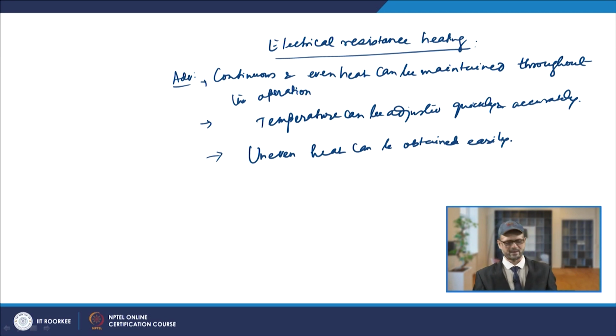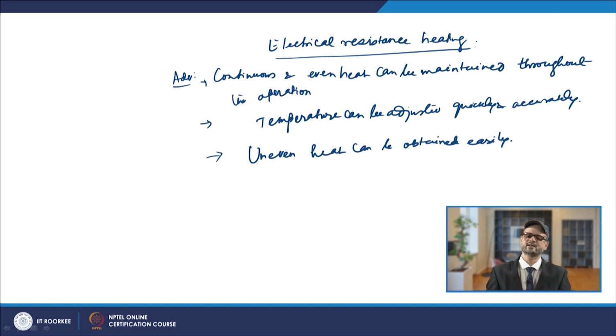Many times in a certain part we require more and in another part we require less, especially if you take the example of pipes. If on the outer side and the inner side you require different heats, those can be maintained much more appropriately with electrical resistance heating methods.